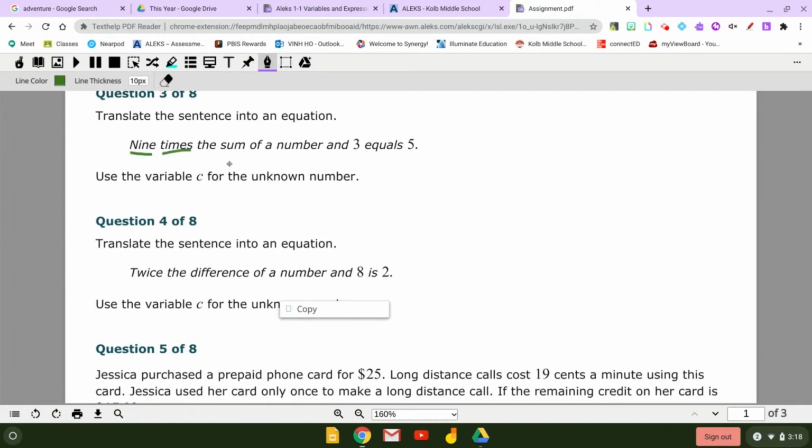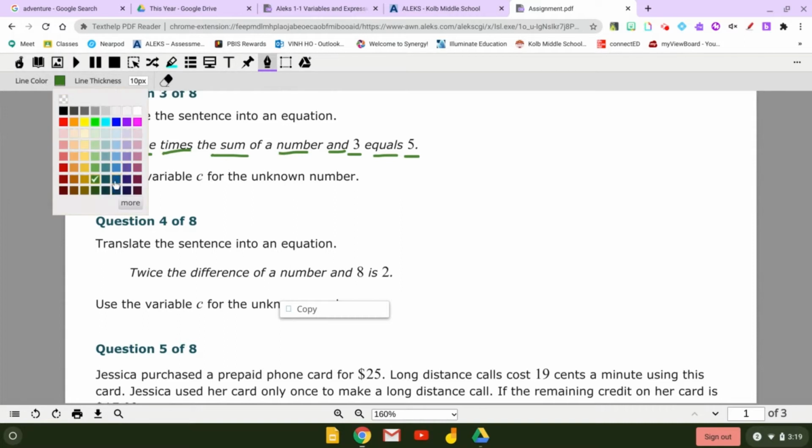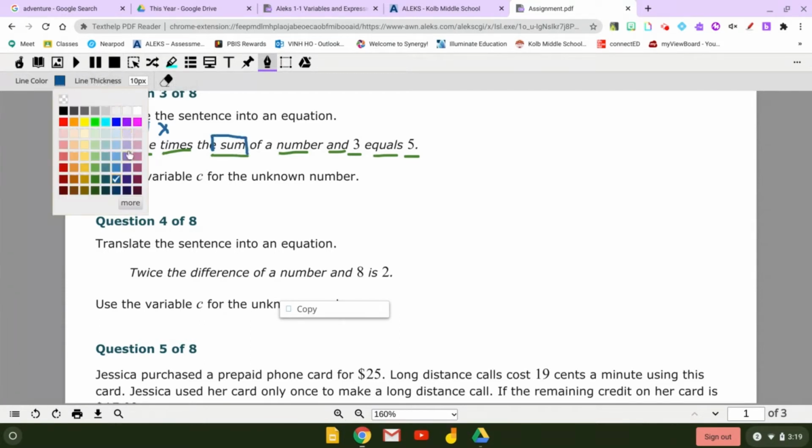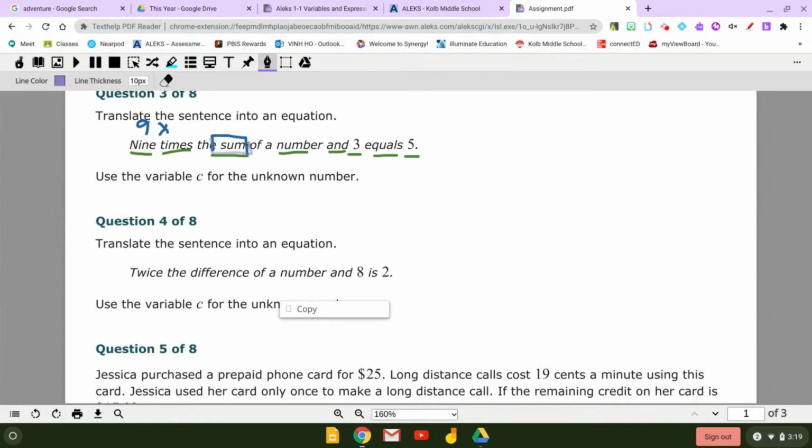9 times the sum of a number and 3 equals 5. All right. So let's see, what do we have here? 9 times the sum. The sum is plus, right?